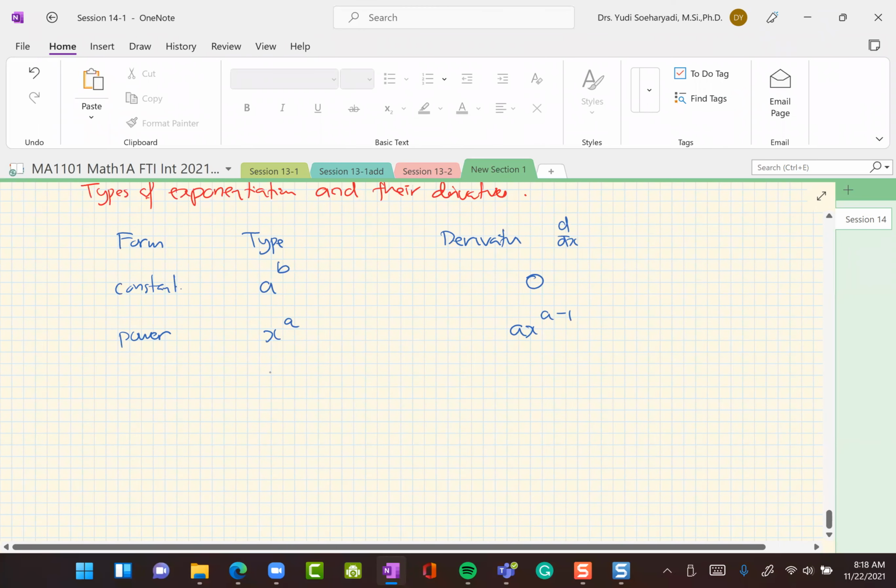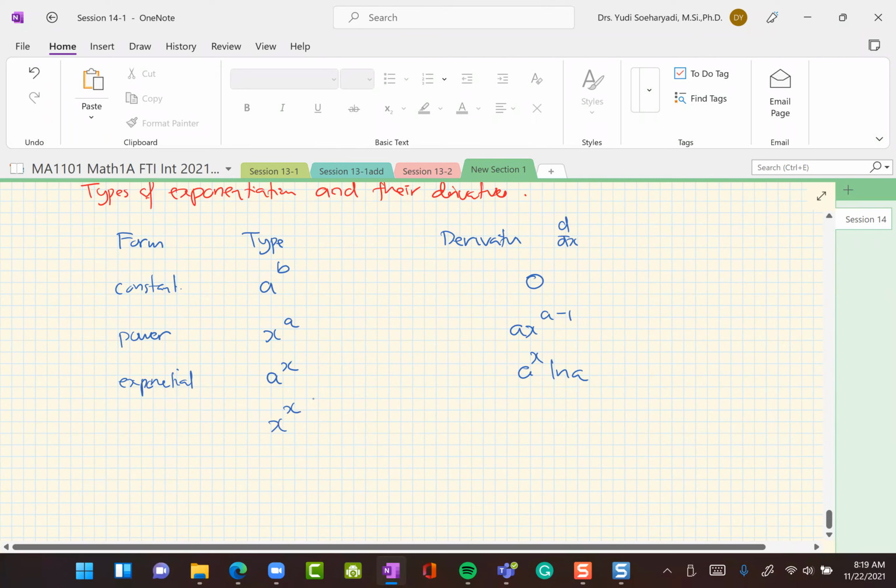And the third is called the exponential, and the derivative is just a to the x times ln a. So you see, this is increasing in complexity. Okay, so this is constant power constant, variable power constant. This is constant power variable. And then the next one is, what about this one here?